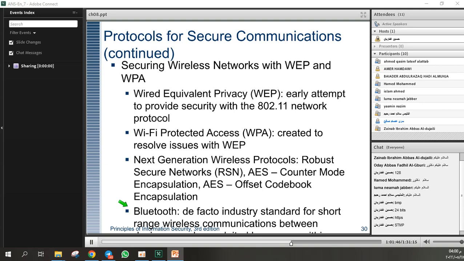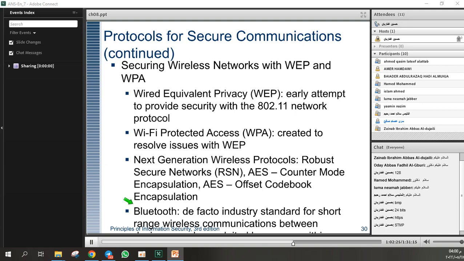Even if I use Bluetooth, Bluetooth is a short range wireless network. If you are afraid that your communication will be exploited by someone else, you need to add some security controls over your Bluetooth network. You know that the communication range of Bluetooth is less than 10 meters.